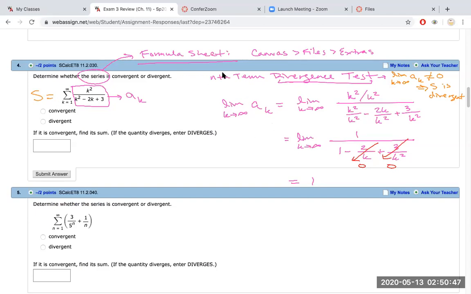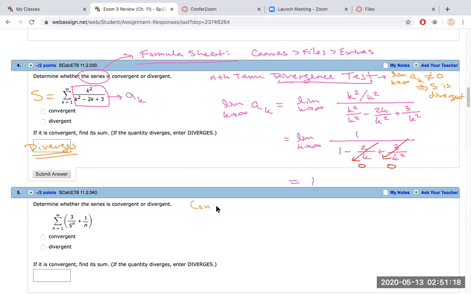Your conclusion, you'd want to write in your show work portion. Remember, you're not talking about the sequence being convergent. The sequence is convergent to 1, but the series is not convergent because the sequence does not converge to 0.